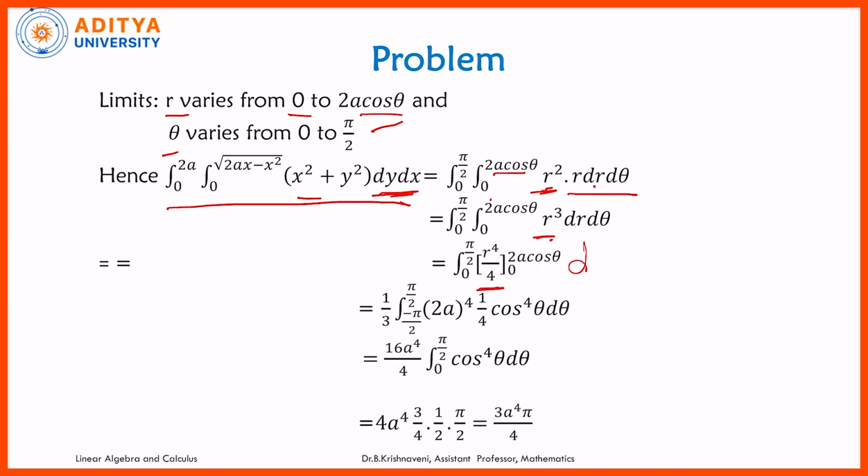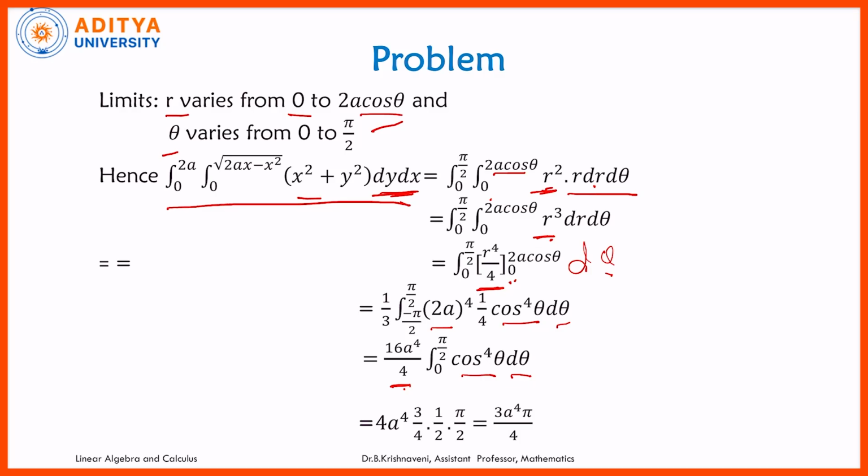Substituting the limits on r, 0 to 2a cos theta, d theta. That gives 1 by 4 into integral 0 to pi by 2, with the upper limit giving 2a power 4 cos power 4 theta and the lower limit 0. Taking the constant outside the integration, we get 16a power 4 by 4 integral 0 to pi by 2 cos power 4 theta d theta.